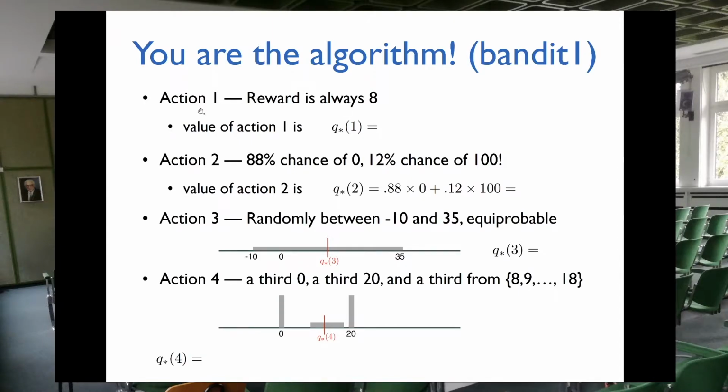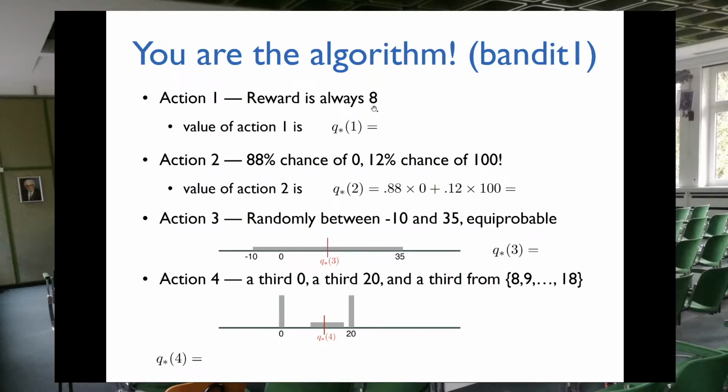Suppose that each of these levers has a different distribution in the way it gives prizes. In this case the prizes will be numbers, and we are going to call these prizes rewards. So in this example, action 1 always gives you a reward of 8.